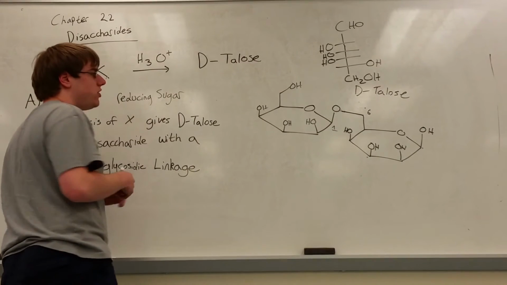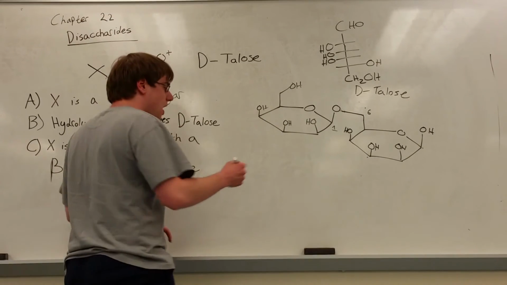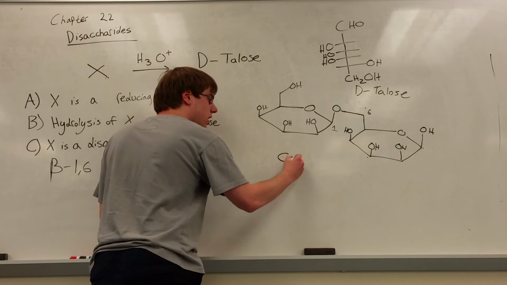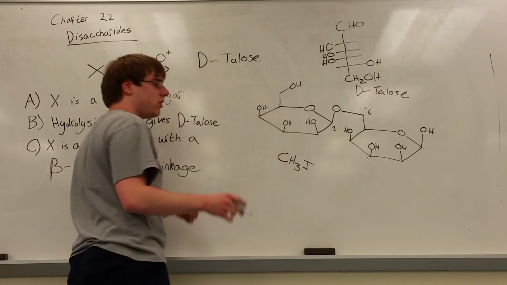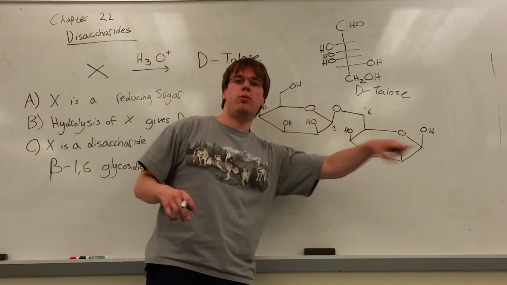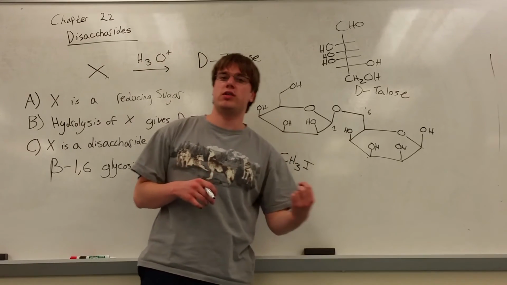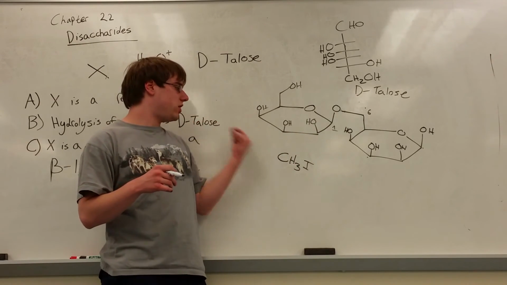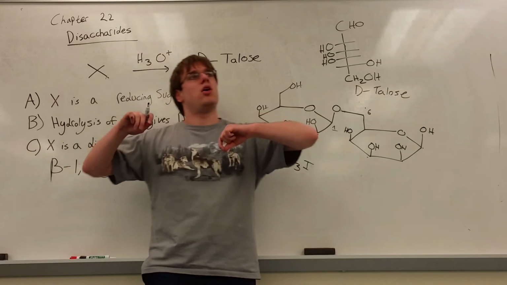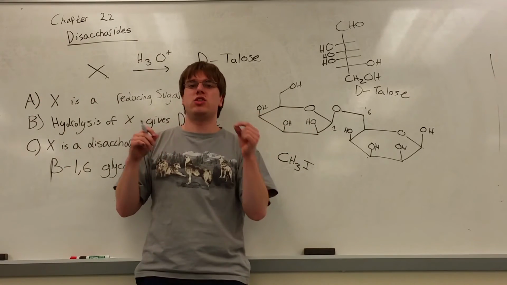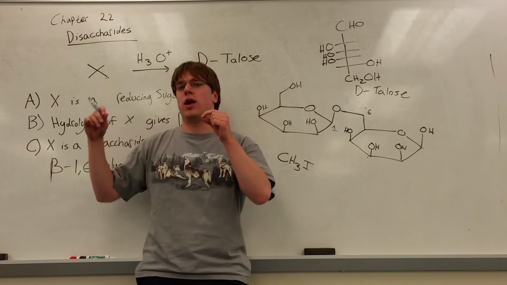Namely, if they tell you they took this disaccharide and they reacted it with CH3I, which we saw will take every single one of the available OHs and turn them into OCH3s, well, if they tell you they did this, and then they tell you 2 of the oxygens were found to not react after you hydrolyze.